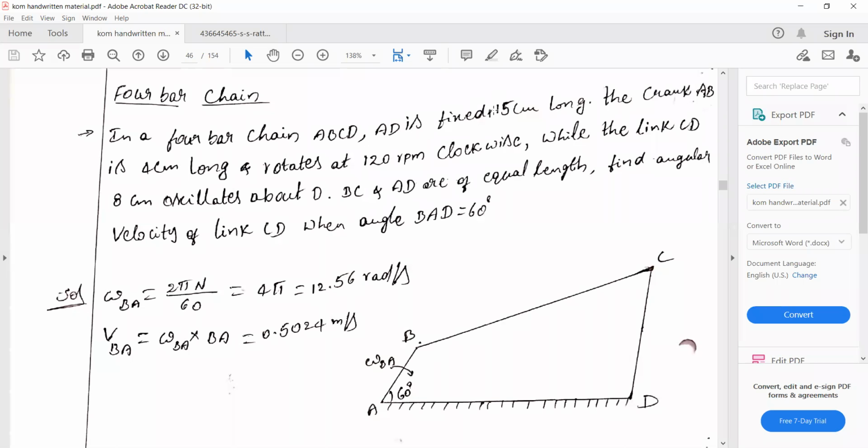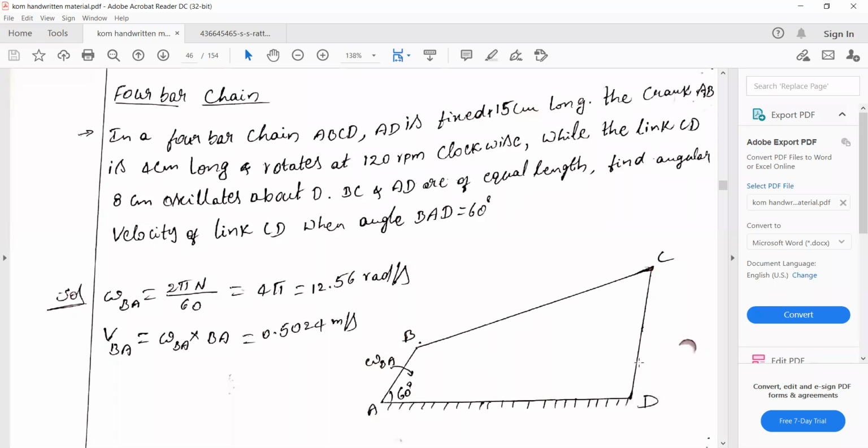AD is fixed and 15 centimeter long, and crank AB is 4 centimeter long and rotates at 120 RPM. Next, link CD is 8 centimeter.